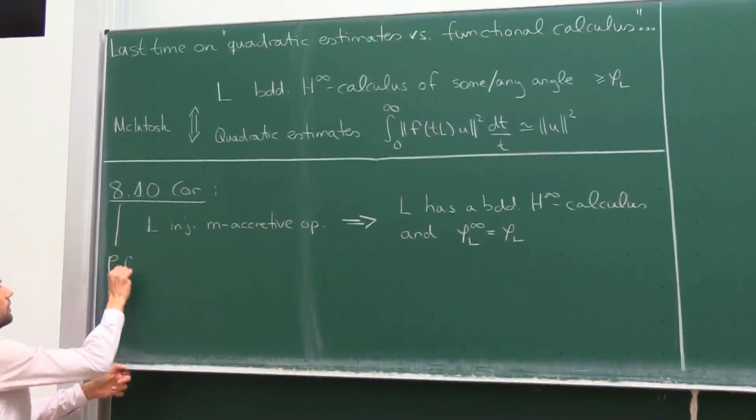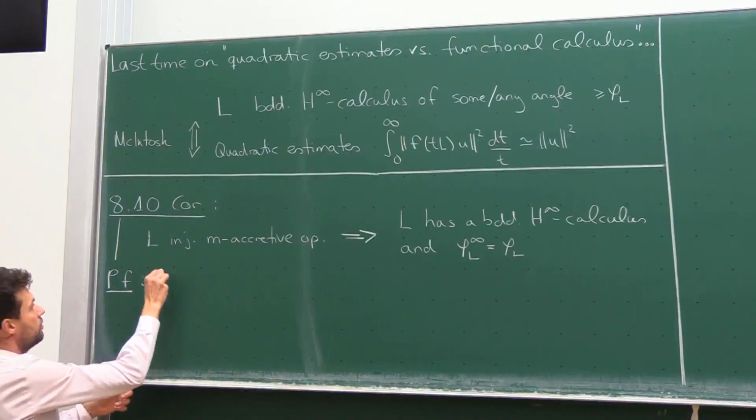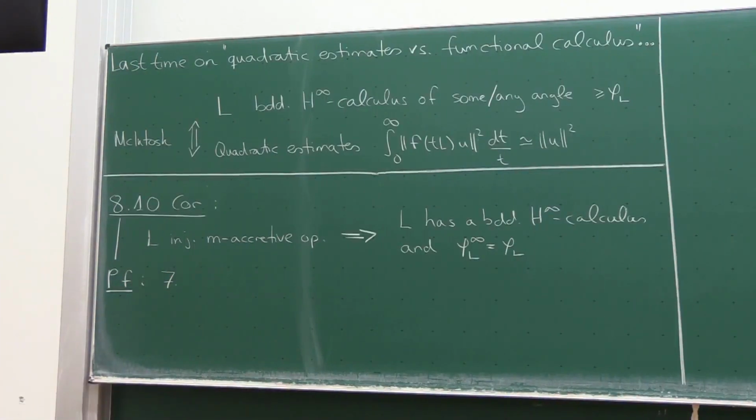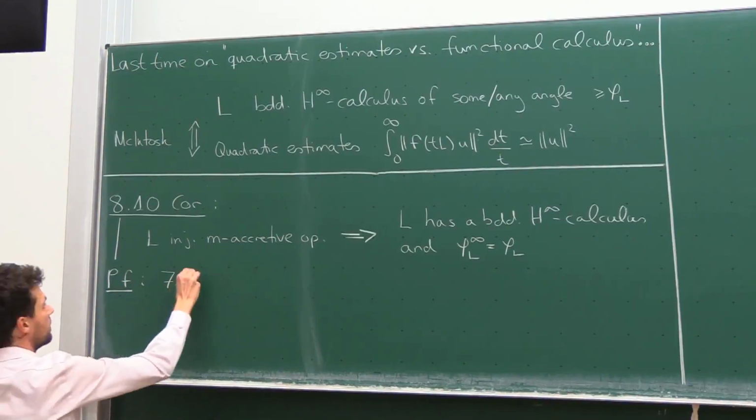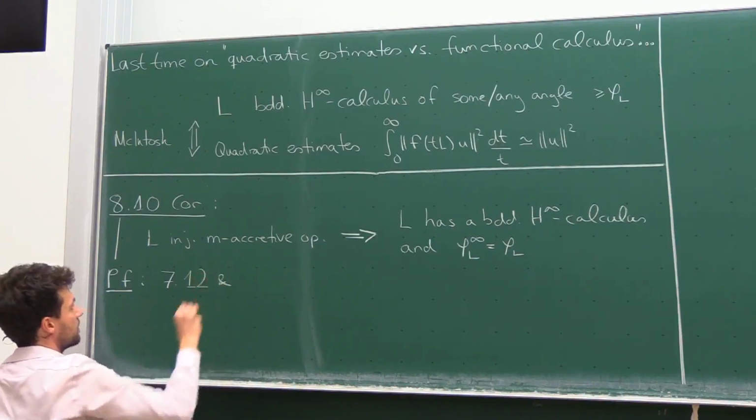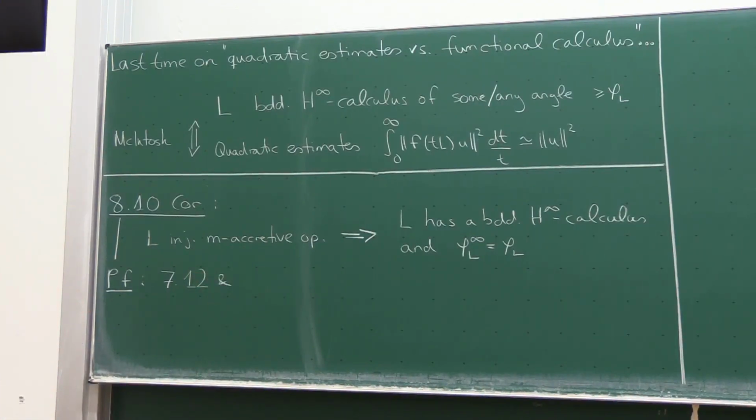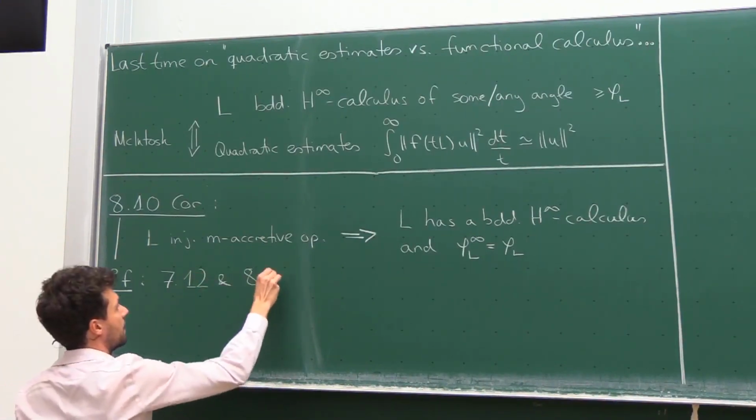Okay, and the proof, as I just said, is a two-step procedure. You first use von Neumann's inequality 7.12, and then you combine it with McIntosh's theorem 8.11.